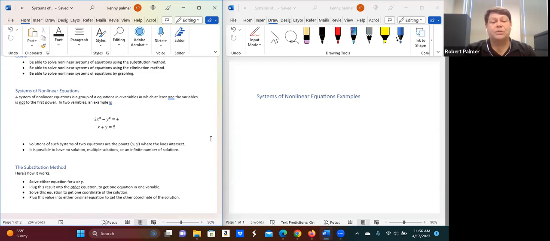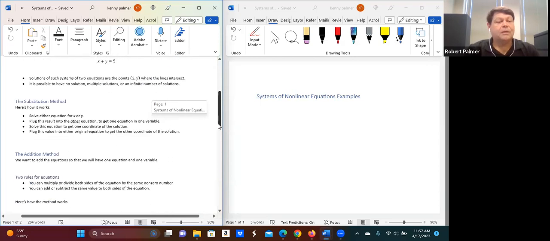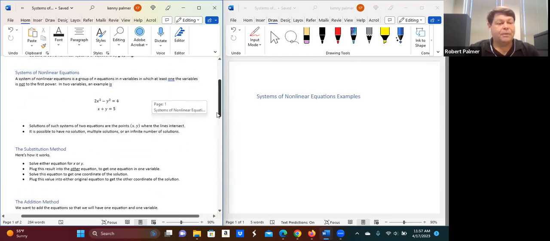With systems of linear equations, you only had either one solution or no solutions, or they're both exactly the same graph. With nonlinear systems, you can have many more possibilities. They can also be no solution or the same graph. You can also have one solution, two solutions, maybe even three or four solutions or more. So that's the difference.